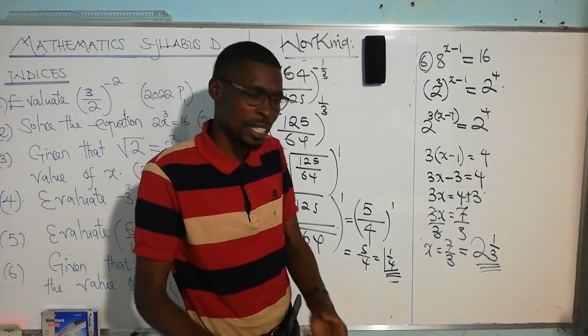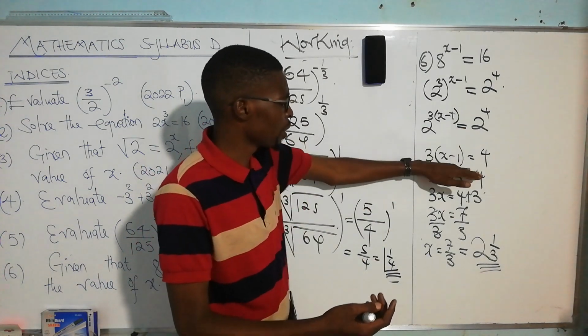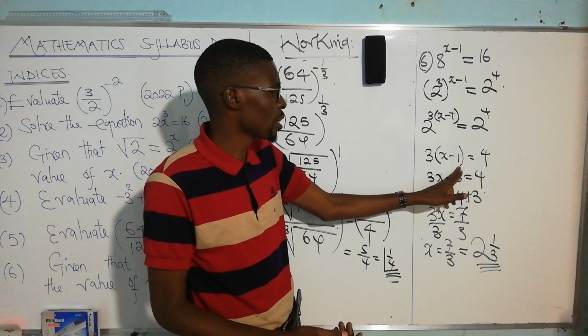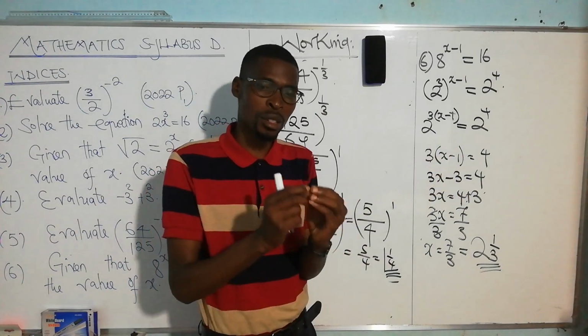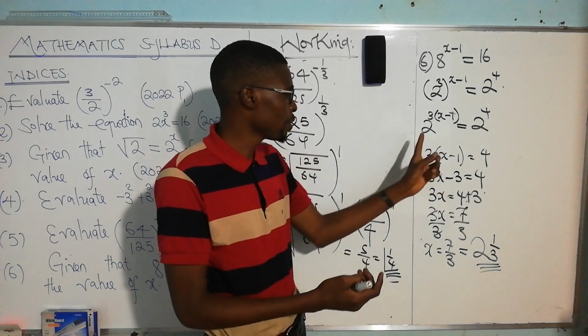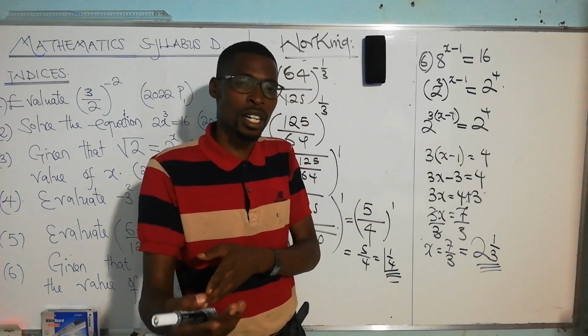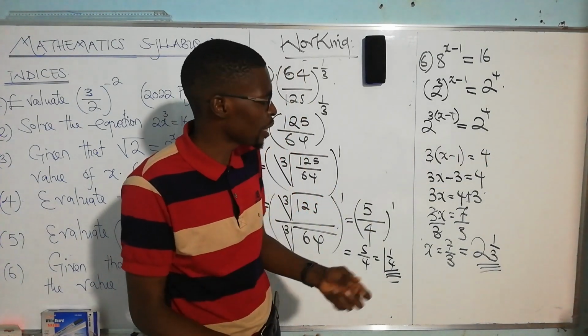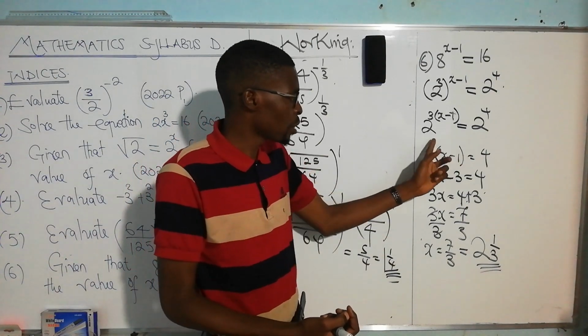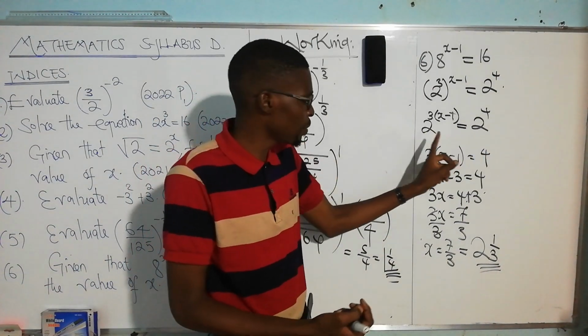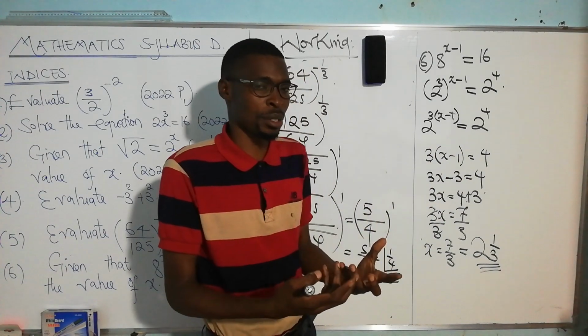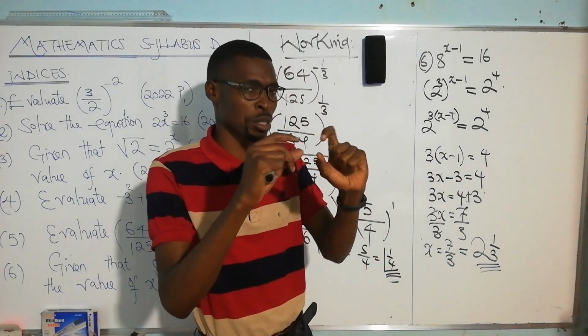Some usually get confused about how from here they reach this stage. The concept there is simple. If the bases are the same on the right-hand side and on our left-hand side, and the two sides are equal, then the exponents are also supposed to be equal.